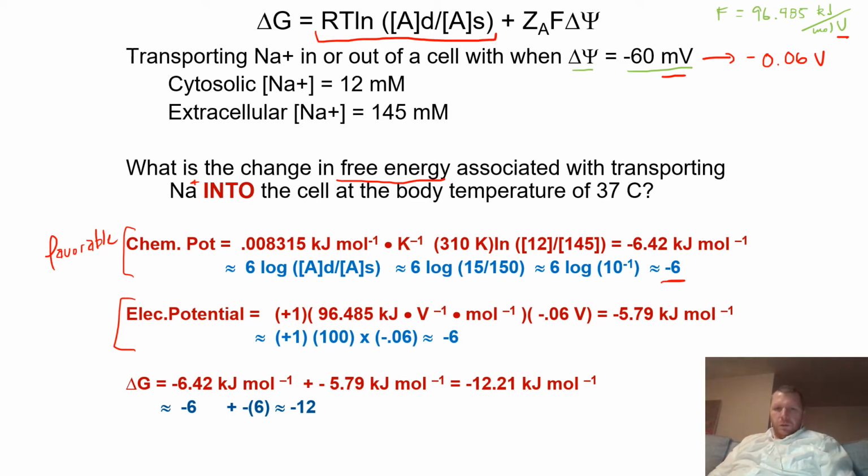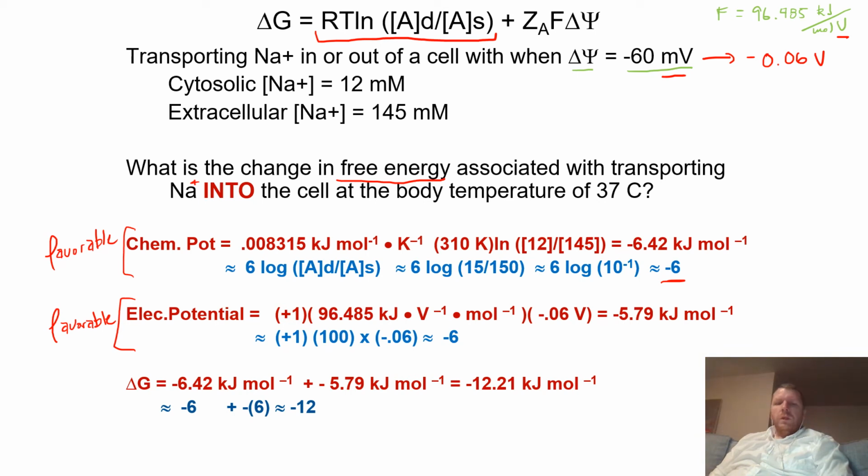The electrical potential is also negative 6. So from an electrical standpoint, it's a favorable move. You could think about it as the chemical potential makes it favorable, but then the electrical potential makes the overall movement even more favorable.